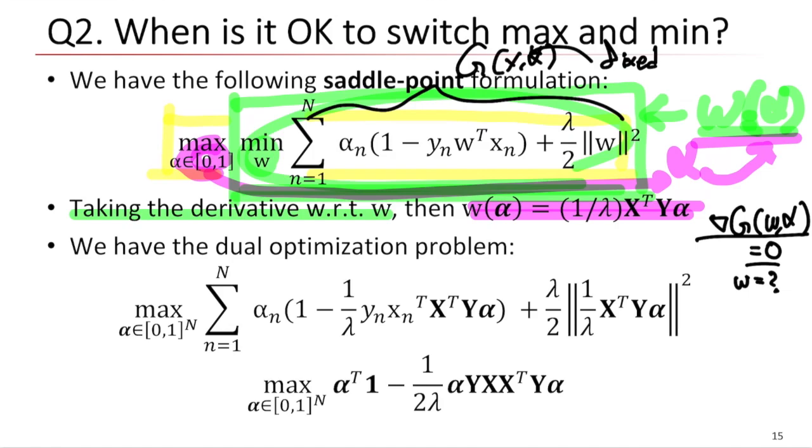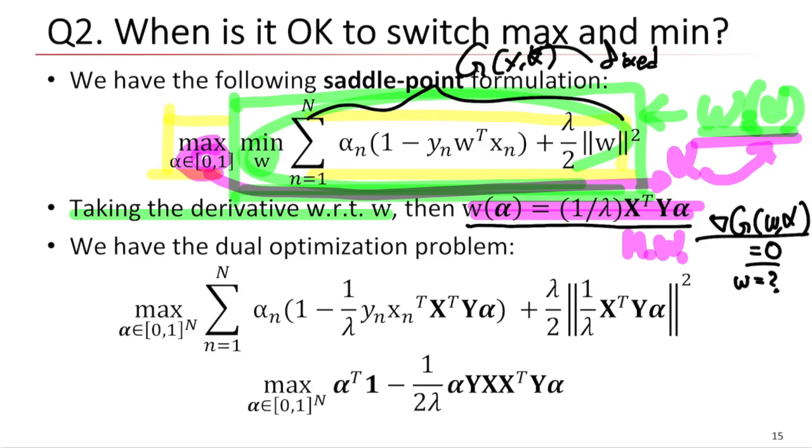So I suggest you do this one yourself using some kind of derivative rule in the matrix or vector domain. Anyway, finally we can get the W of alpha is equal to 1 over lambda times x matrix, x transpose, times y matrix, y, times vector alpha.